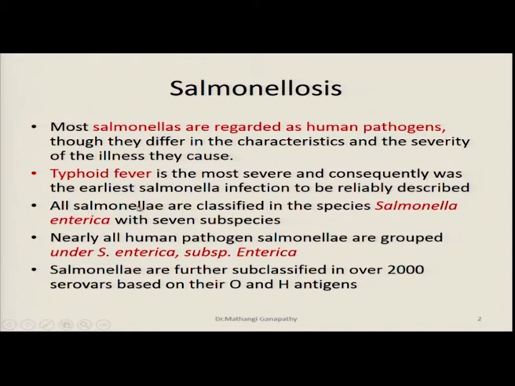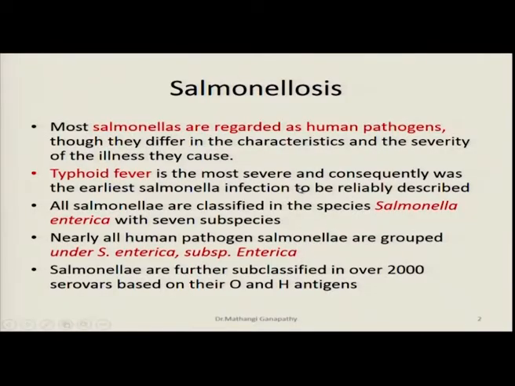Typhoid fever is the most severe, which is caused by Salmonella, and consequently this was the first Salmonella infection to be reliably described, that typhoid fever is caused by Salmonella and that it is because of the bacterium.